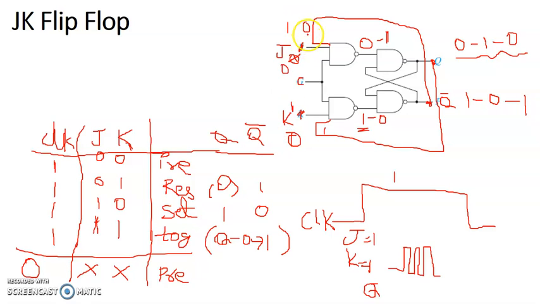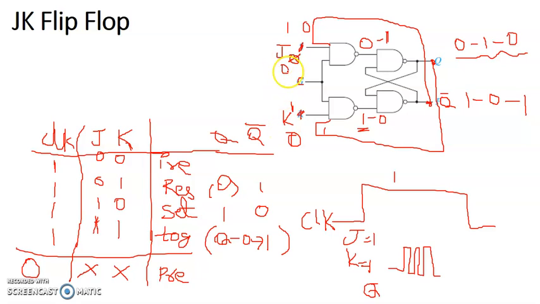J is 0, so the output of the first NAND gate is 1. As soon as this is 1, what is the output here? Because K is 1 now, this 1 is fed here, 1, 1, 1, the output here is 0. So the output of the first stage of NAND gates is 1, 0 now. When S bar is 1 and R bar is 0, it is reset. So we get 0 and 1. So with J 0 and K 1, it works as a reset condition.